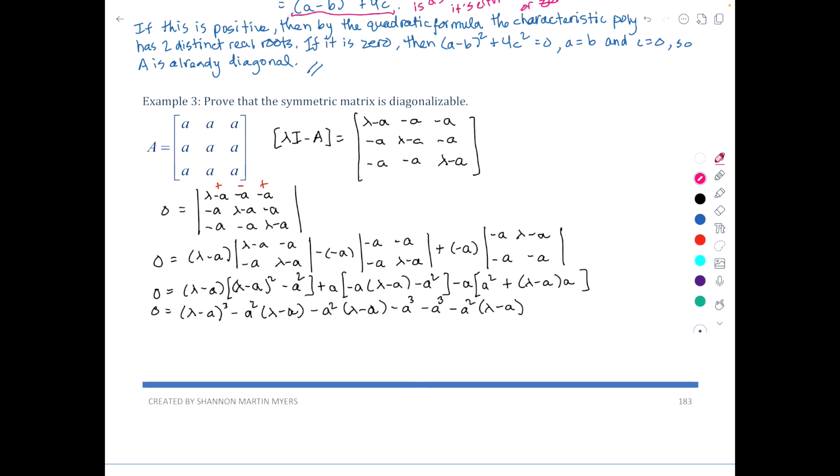So it looks like this one is a like term with this and with the very last one. And then of course we've got the two A cubes. And so this will give us 0 equals lambda minus A cubed minus 3A squared times lambda minus A minus 2A cubed.